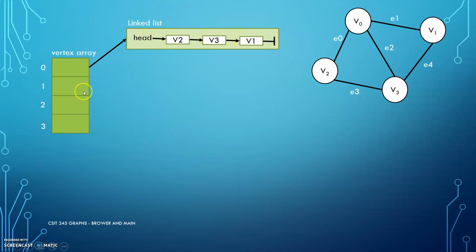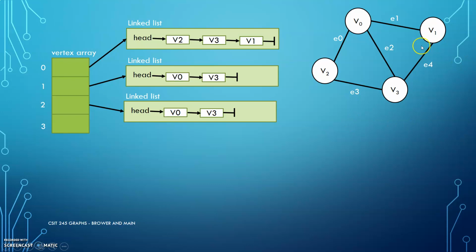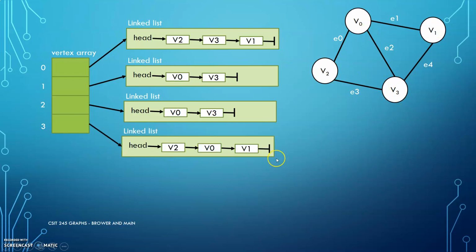And then for vertex 1, well, vertex 1 is the one that's here. That should be 0 and 3. So then a linked list of its adjacent vertices, 0 and 3. Vertex 2 has 0 and 3. Those would be in their adjacency list. And then the last one, vertex 3, would have 2, 0, and 1 as their adjacency.